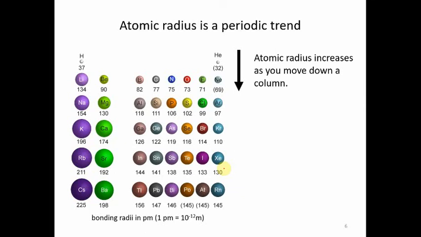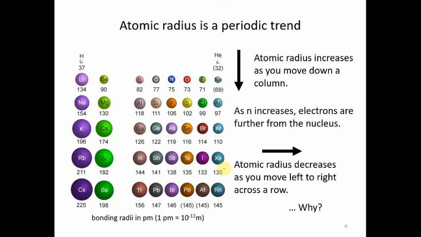Atomic radius is going to follow a similar trend as effective nuclear charge. It increases as we move down a column, and the reason for that is because n, the principal quantum number, increases. The electrons are farther from the nucleus, and therefore they're not held as closely. The atomic radius decreases as we move from left to right across a row.